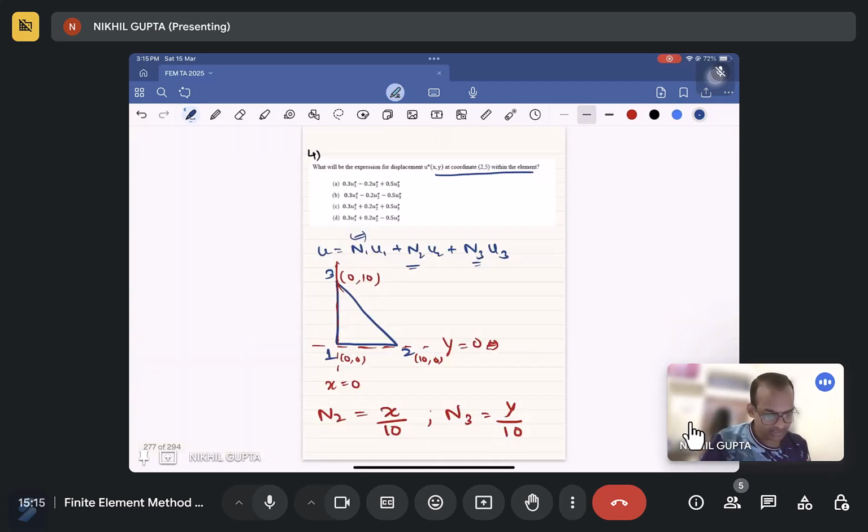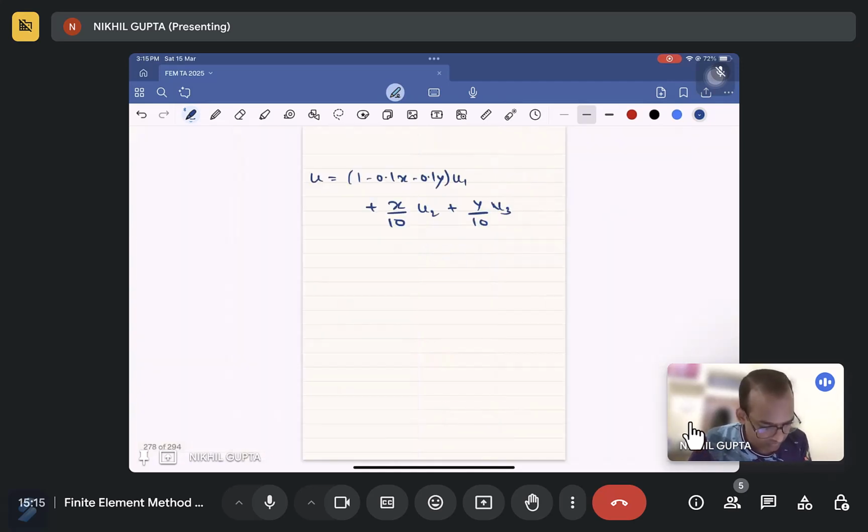Now what it is asking, we'll solve further. So it is u1 minus 0.1x u1 minus 0.1y u1 plus 0.1x u2 plus 0.1y u3.